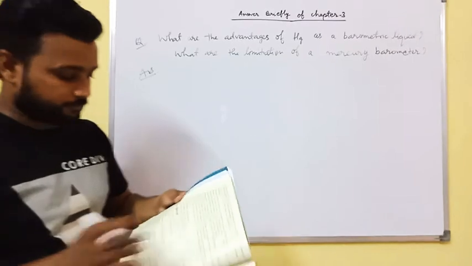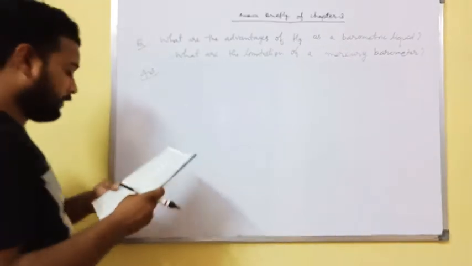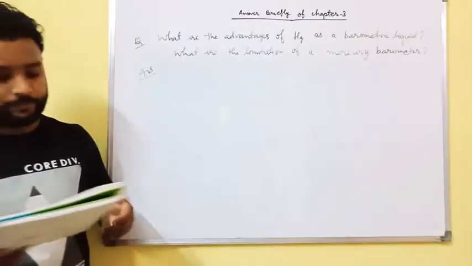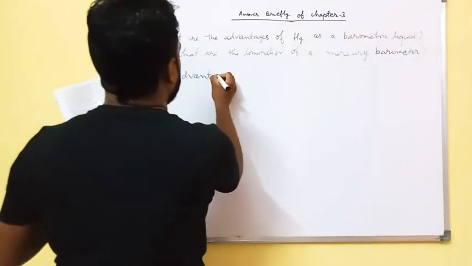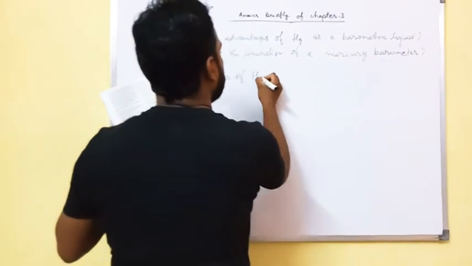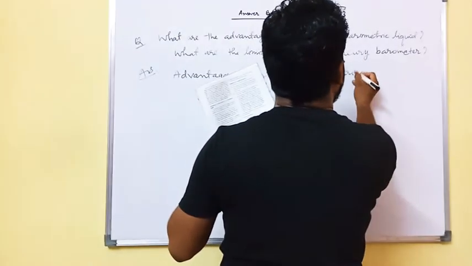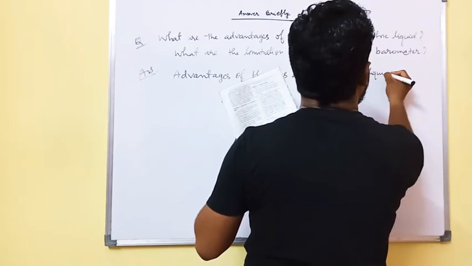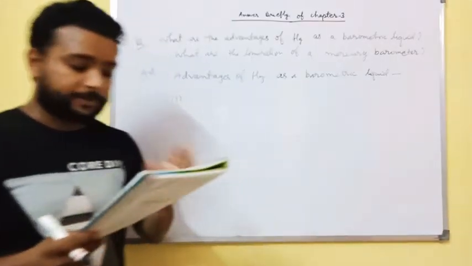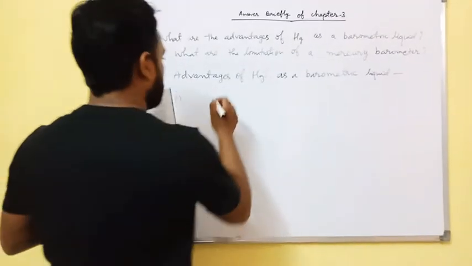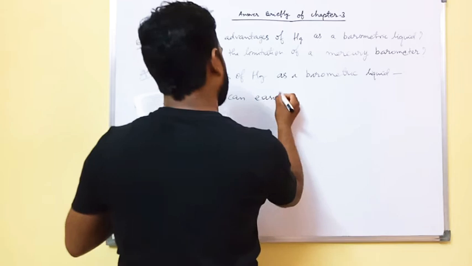Students, the answer to this question will be, first of all, advantages of mercury as a barometric liquid. First, it can easily be obtained in a pure state.